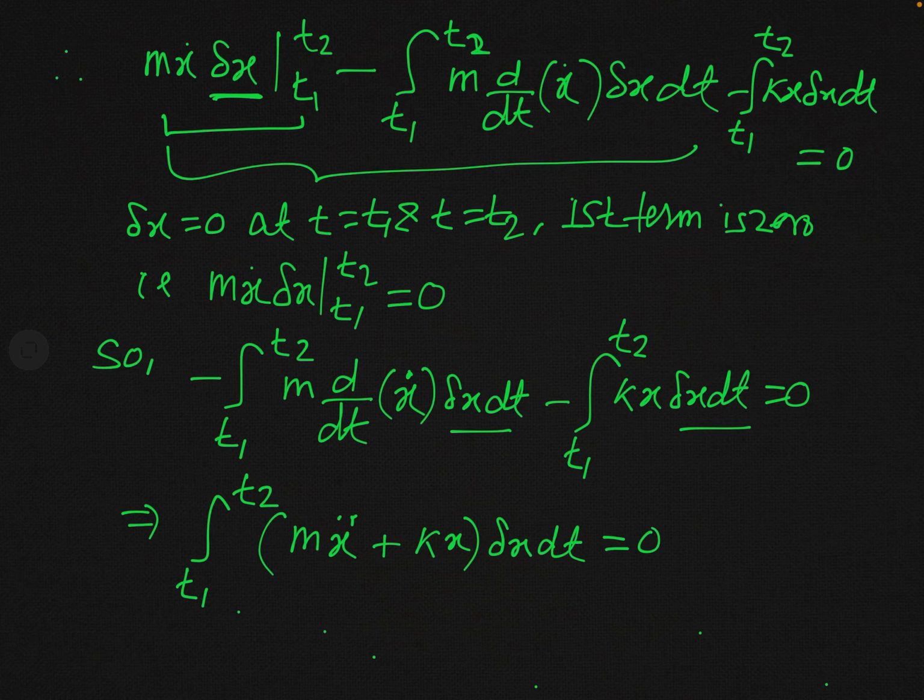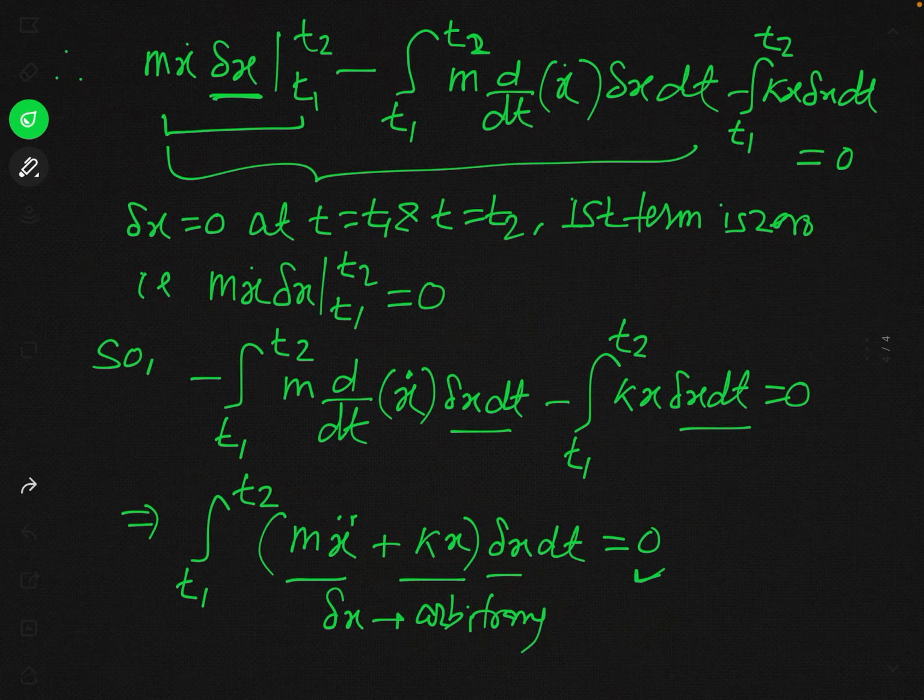Now you can see this delta x is completely arbitrary, because along the path we can take this delta variation of x anywhere. So delta x is arbitrary. If this delta x is arbitrary, then definitely this equation will be valid only when this term m x double dot plus kx is equal to 0.